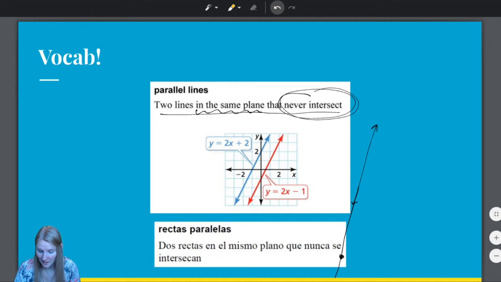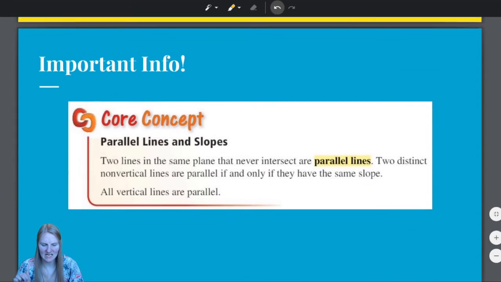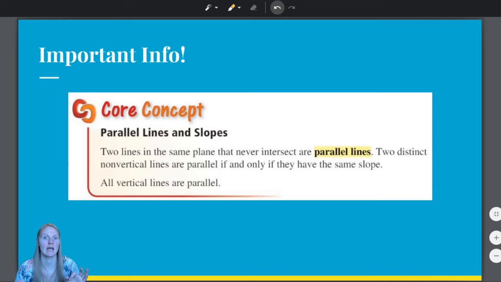So unless these lines are perfectly in the exact same direction, they will never ever cross. So, what does it mean to be pointing in the exact same direction? Well, two lines in the same plane that never intersect are parallel lines.